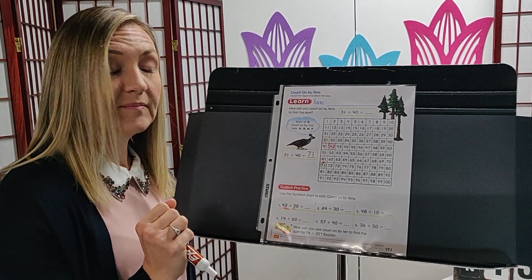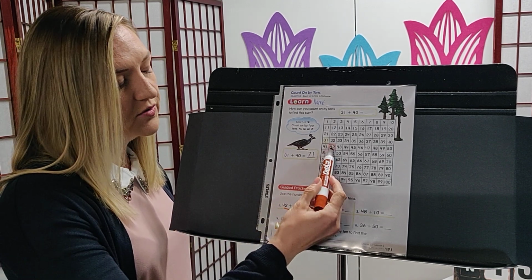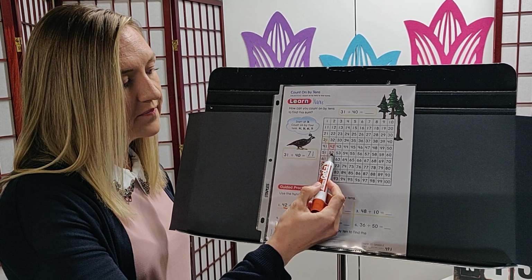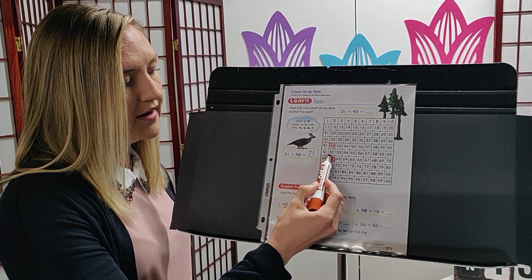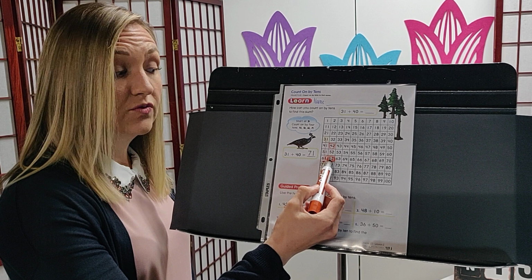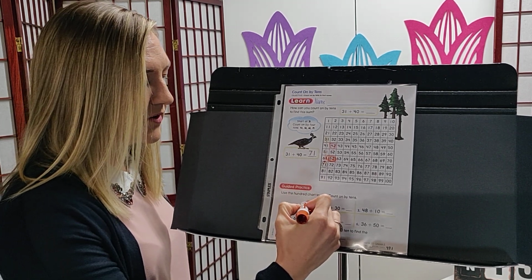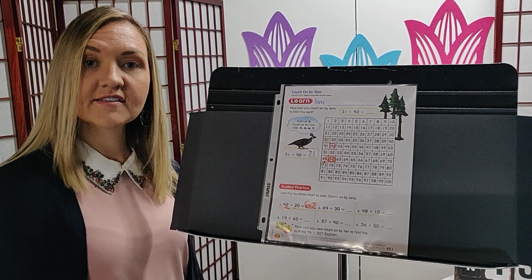So we're going to jump down 2 times. So we started on 42 and we jumped down 1 group of 10, two groups of 10, and this is our sum right here. What is 42 plus 20? It's equal to 62. We're going to write 62 on our line for our sum.